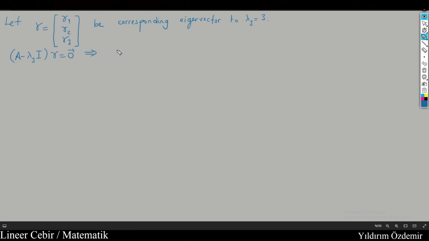It implies that minus 2 gamma 1 plus gamma 2 minus 2 gamma 3 is equal to 0. 4 gamma 1 minus 3 gamma 2 plus 4 gamma 3 is equal to 0. Gamma 1 minus gamma 2 plus gamma 3 is equal to 0.